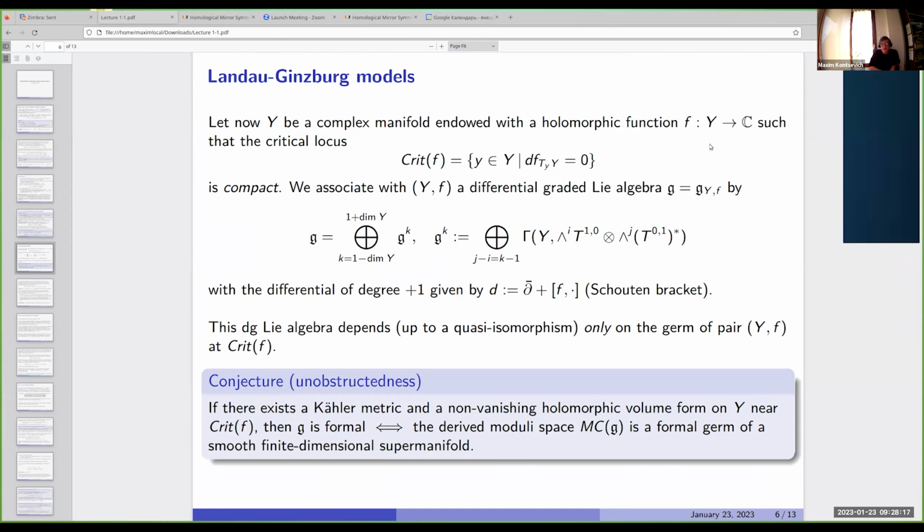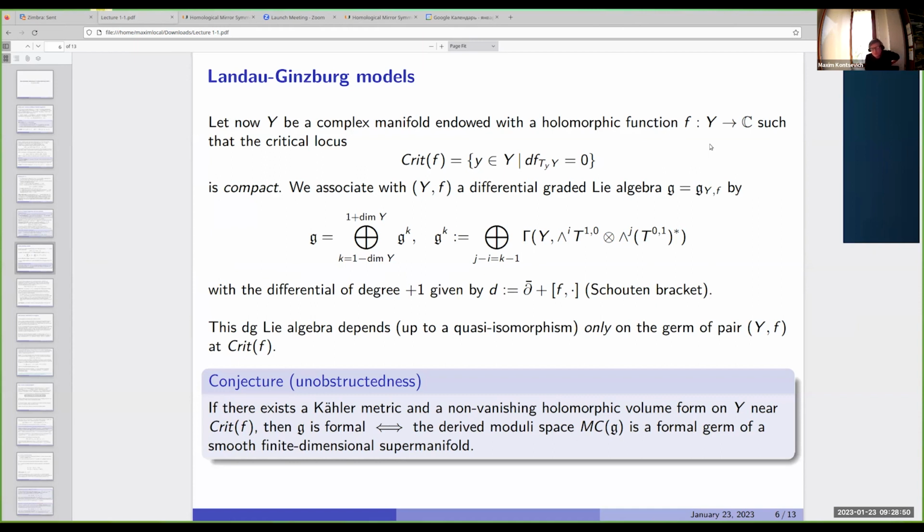If you have such a situation, one can define the following differential graded Lie algebra. It will be graded in both positive and negative degrees, and the component in degree k is the following. You consider a Dolbeault resolution of polyvector fields. So it will be a section of the a-th exterior power of vector fields in the holomorphic direction tensor the b-th power of one-forms in the anti-holomorphic direction.